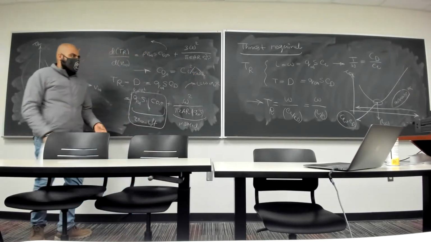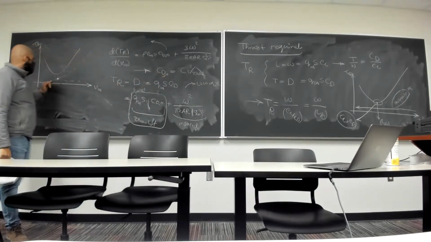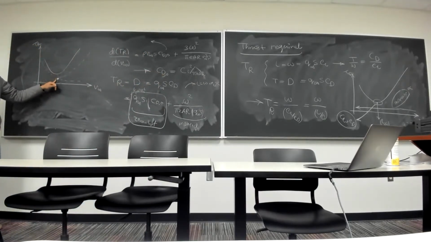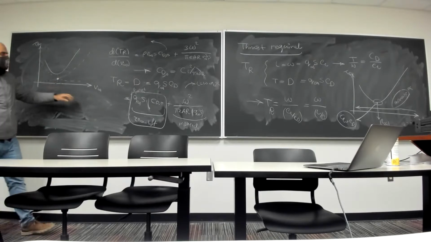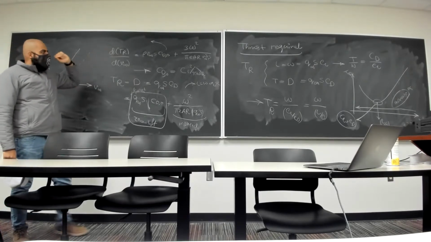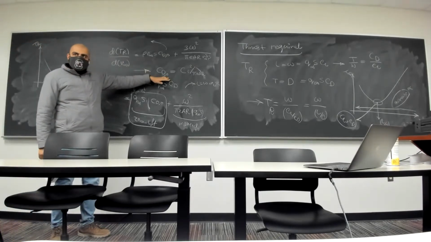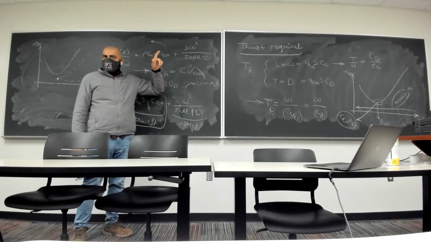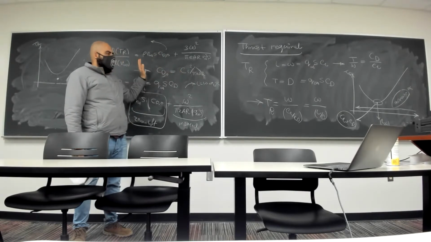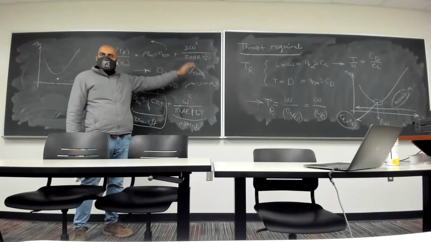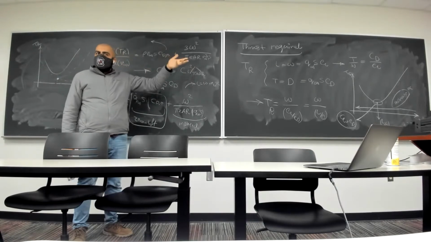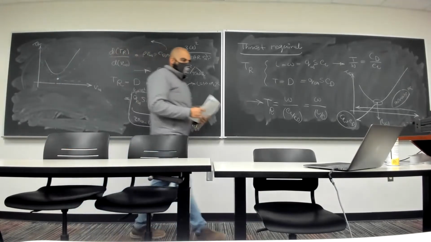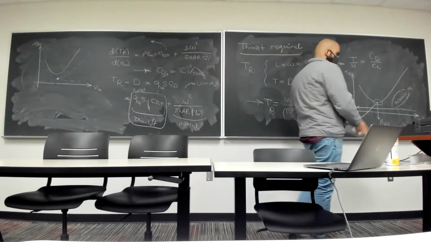What does it mean? It means that at this minimum value of the thrust required, where this derivative is 0, your parasitic drag is equal to the induced drag, right? Does it make sense? So if you give me the proof for this one next Tuesday, you will get a bonus one. And if there's no question, that's it for today's class.